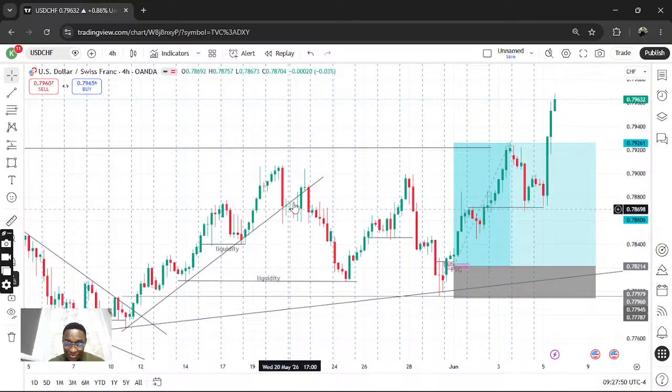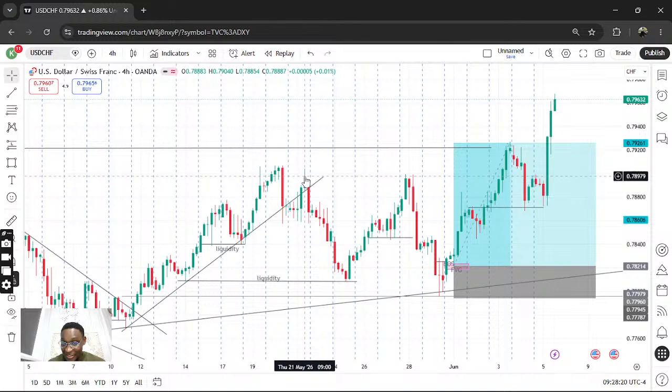Then it created this grave candle that's formed here. When this grave candle was created, it happened exactly at London morning time. It is a clear indication that this is the manipulation for that particular day. So it shows you that the market wants to continue going down after the break of this particular structure here.